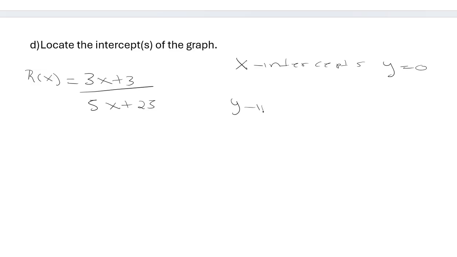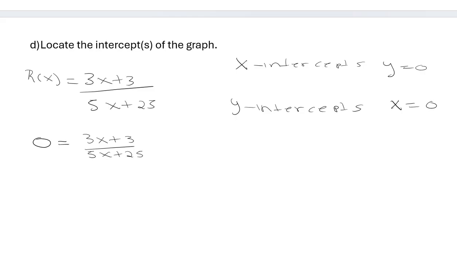And if I'm looking for the y-intercept, I'm going to substitute 0 for the x. First let's look for the x-intercepts. R(x) represents my y.